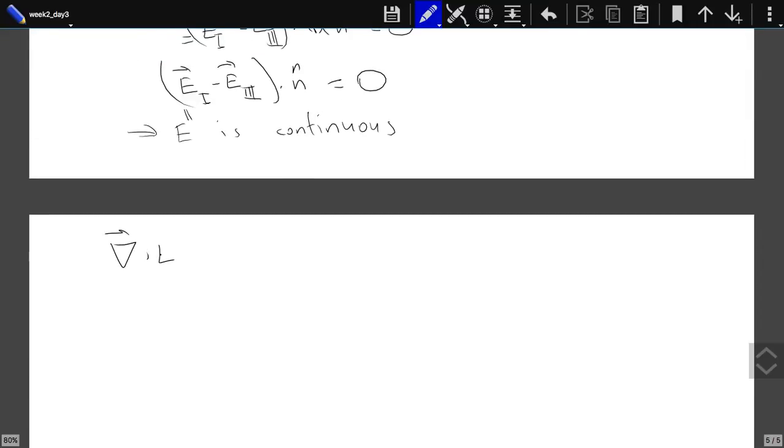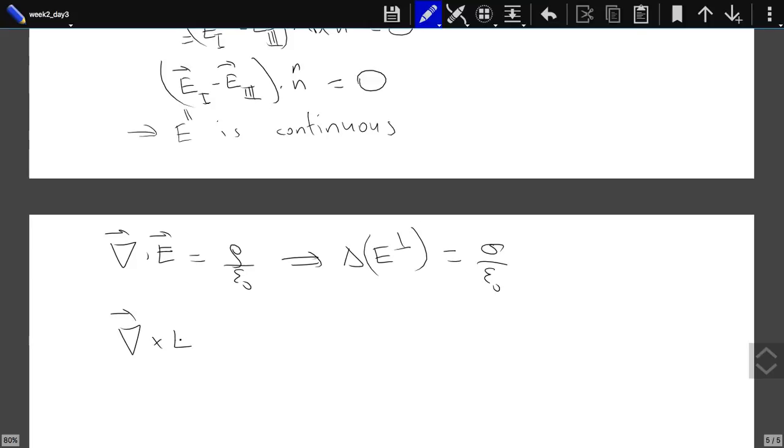So what we had, we started from the divergence of the electric field and showed that the perpendicular component of the electric field is discontinuous, and the discontinuity is sigma over epsilon 0. This is the change in the perpendicular component of the electric field as we go from one side of the surface to the other side of the surface.